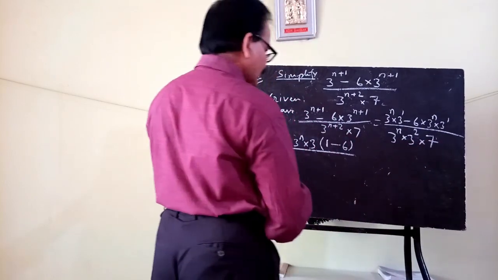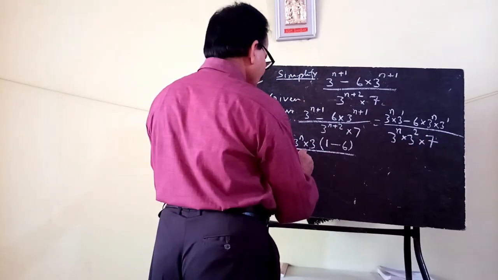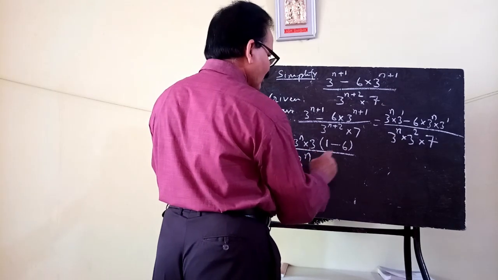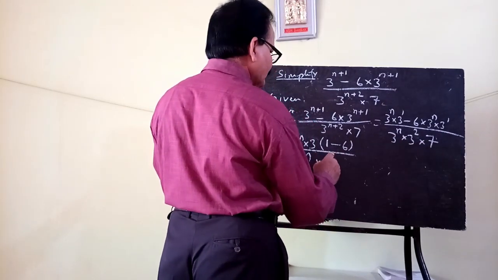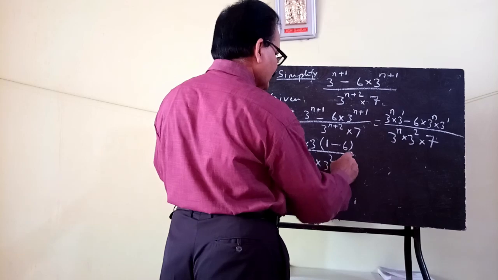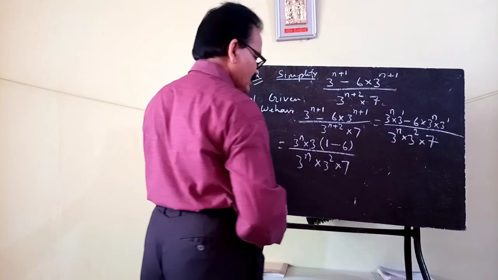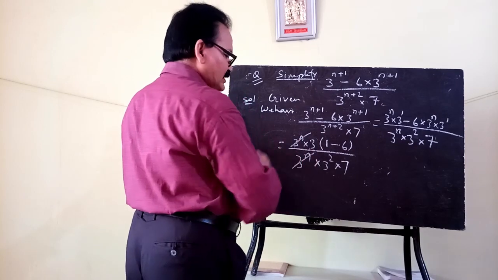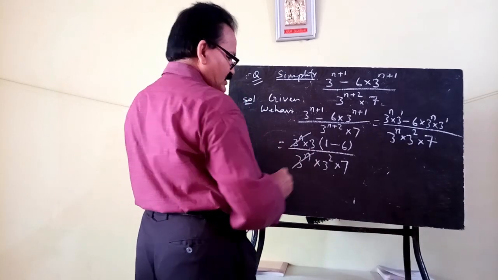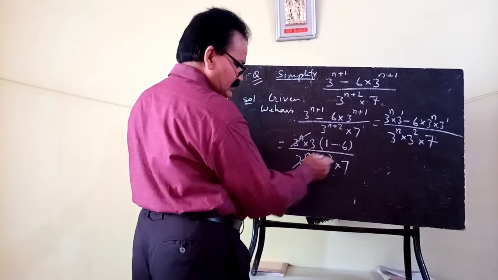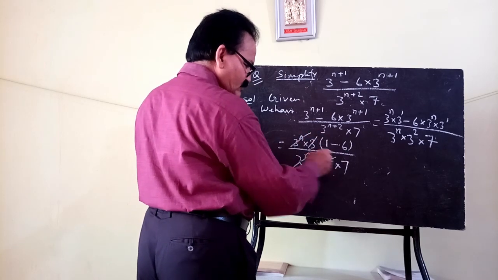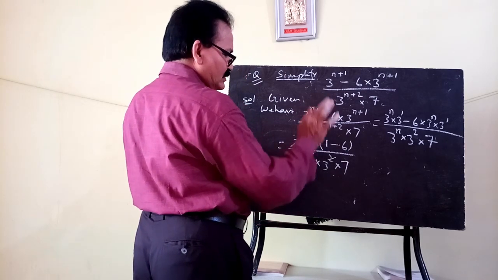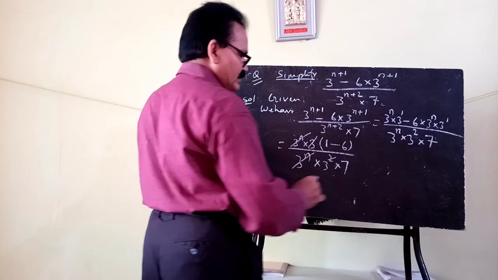But in the denominator only 3 to the power n, all these are in multiplication form, 3 to the power 2 into 7. Clear? So 3 to the power n and 3 to the power n cancel each other. So here it is 3 and here it is 3 to the power 2. 1, 3 will remain but completely out from the numerator.